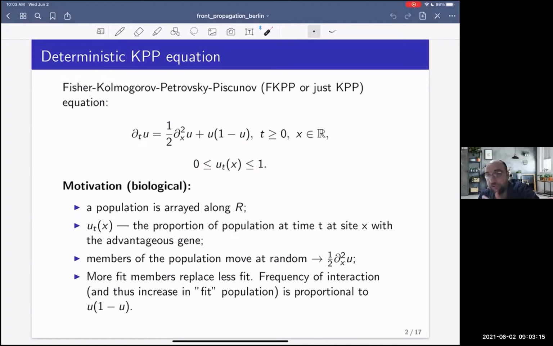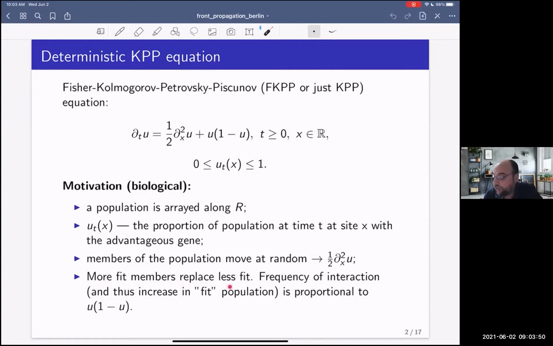A few words about the motivation, which comes from biological considerations. If one has a population which lives on R, and u(t,x) is the proportion of the population at time t at site x with an advantageous gene. Members of the population move at random, and this gives rise to this term, which is half Laplacian, so it comes from Brownian motion.